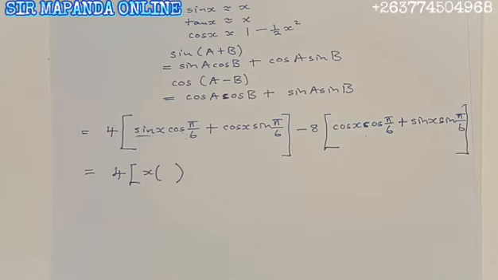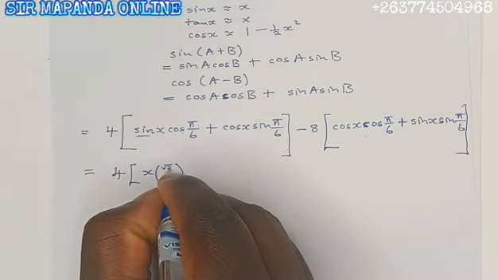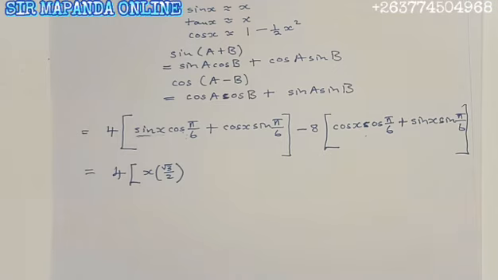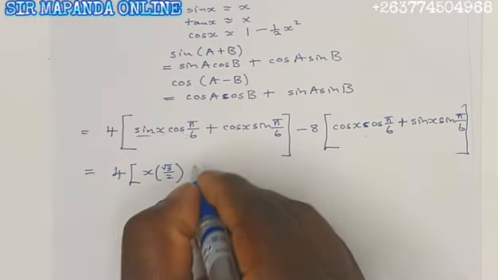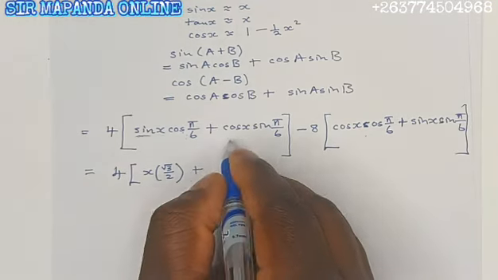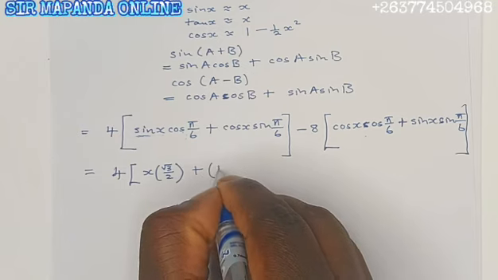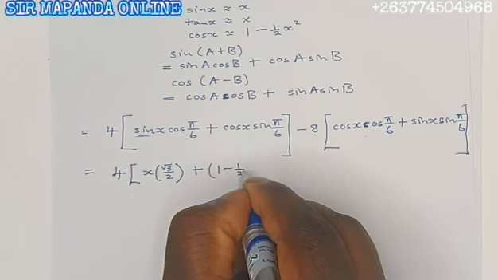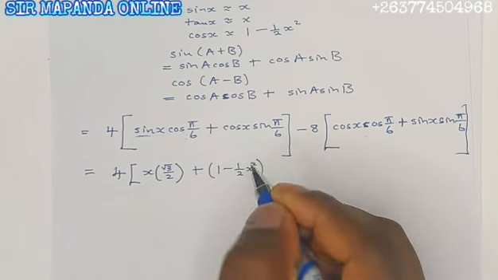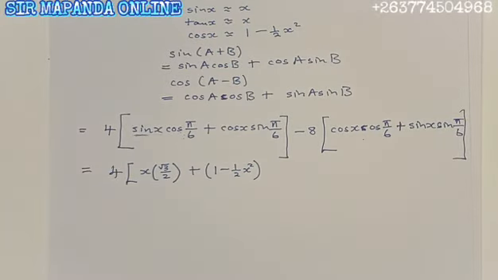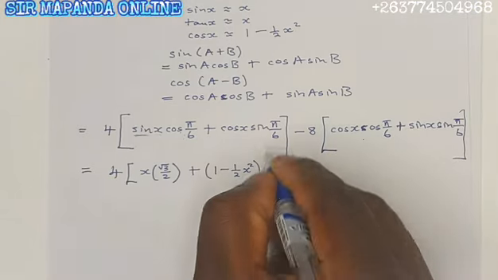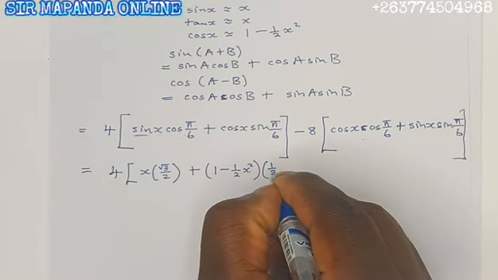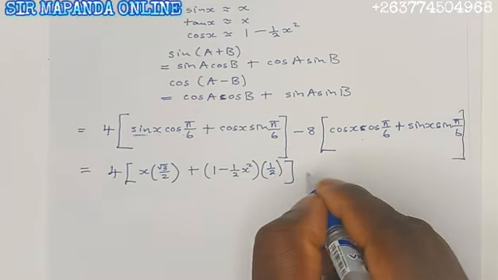Right, so cos open bracket pi over 6, you get root 3 over 2. So I'm going to write root 3 over 2 here. Then you put plus. On cos, I'm going to put 1 minus half x squared. Then I'm going to punch sine open bracket, pi divided by 6, you get half. Then you close your bracket.